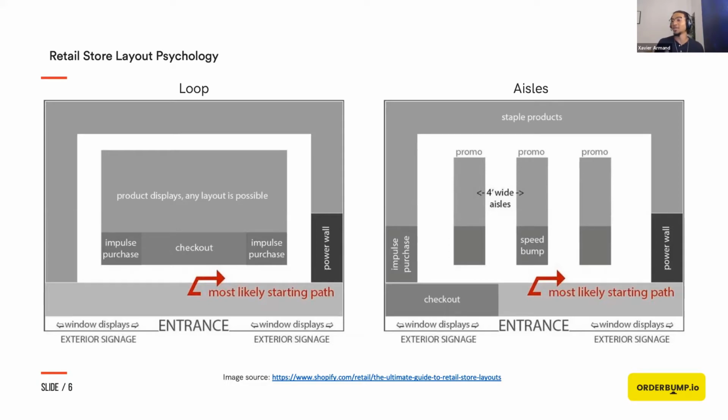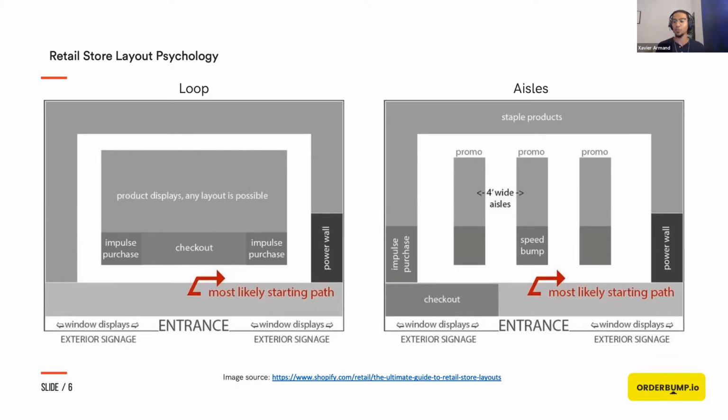If you are someone who has a large set of SKUs, you want to make sure that your online store is merchandising those effectively. Everywhere you can, you're showing people the depth and the breadth of your product line. And this is what the aisle approach does in retail store layout design.